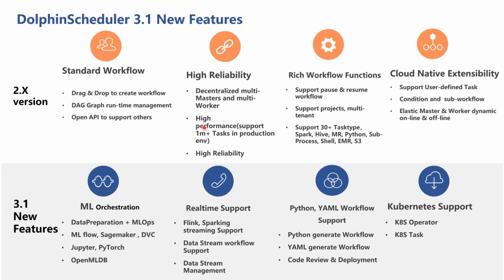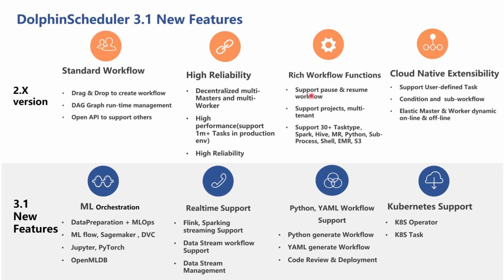One of the customers has 1 million plus tasks in the production environment, because this tool can easily scale out and scale in. So you can add as many tasks as you need to support big data or machine learning usage. If one worker or master goes down, you can recreate the task and workflow on another node.